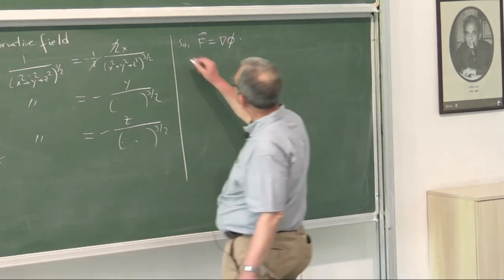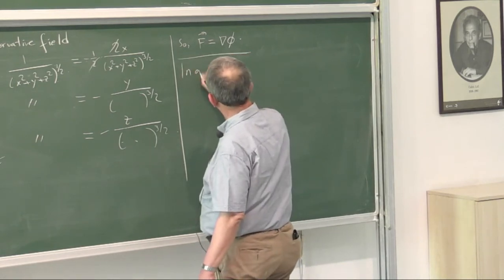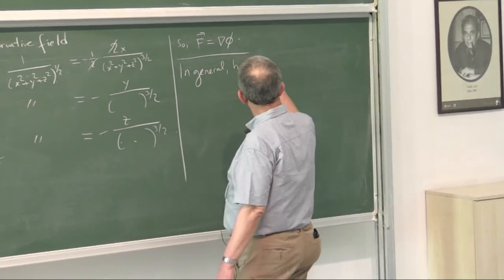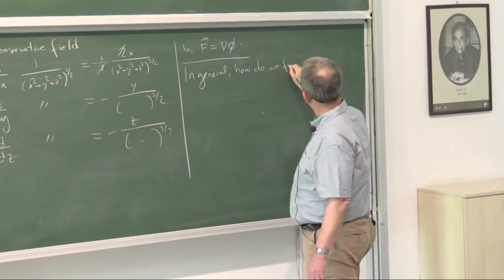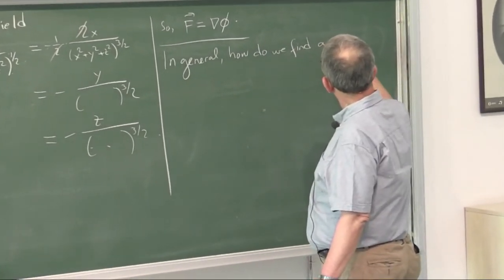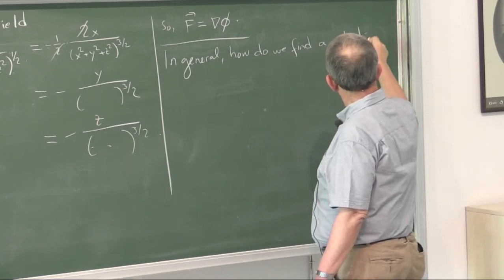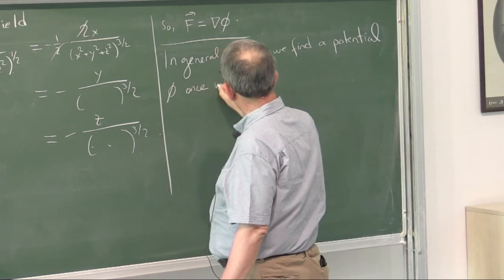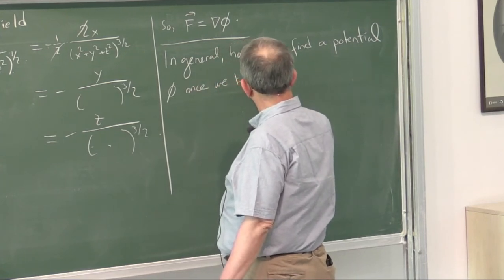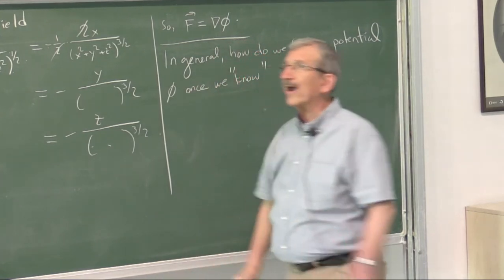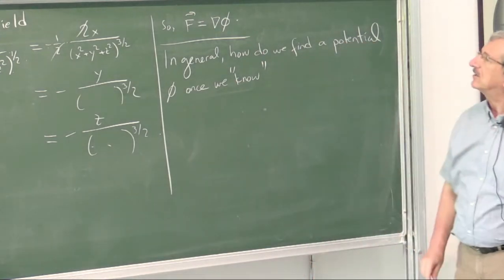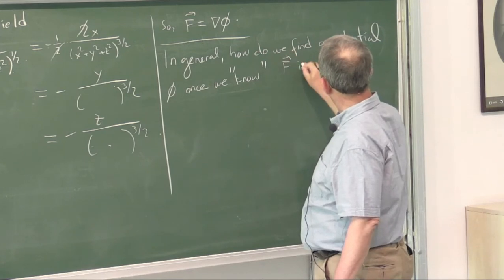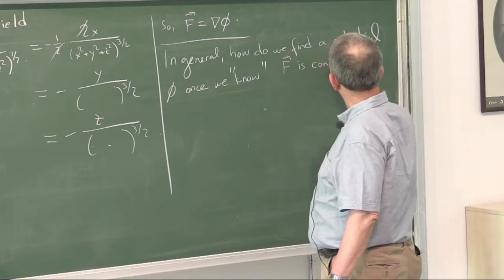In general, how do we find a potential phi once we know, don't ask where, suppose somebody tells us F is conservative.